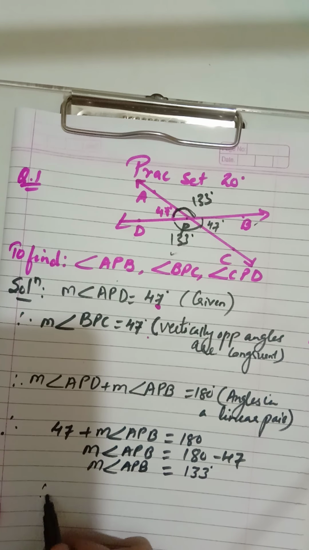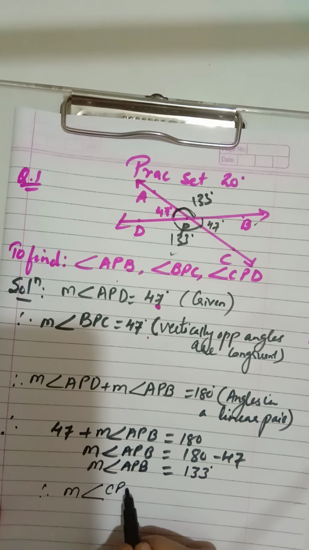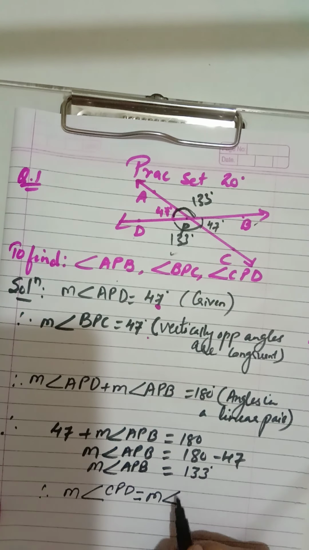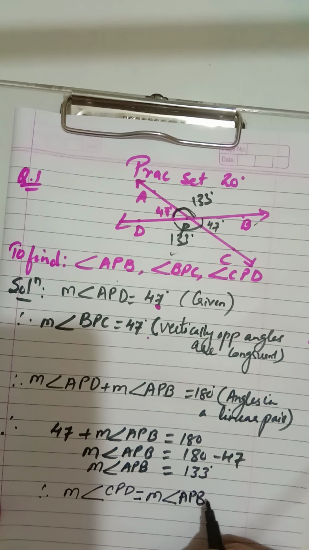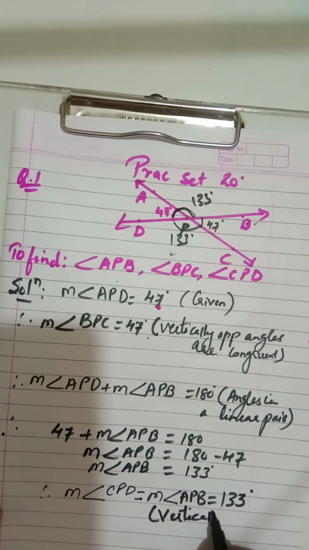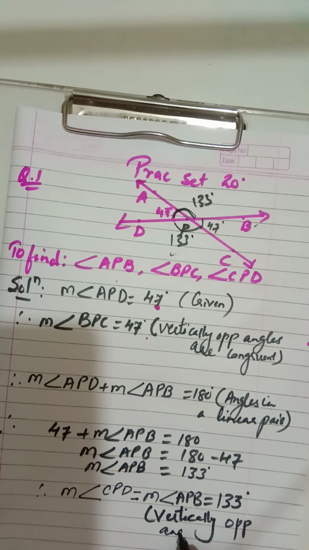So therefore we can write, measure angle CPD is equal to measure angle APB, and that is equal to 133 degree. You have to write in brackets: vertically opposite angles are congruent.